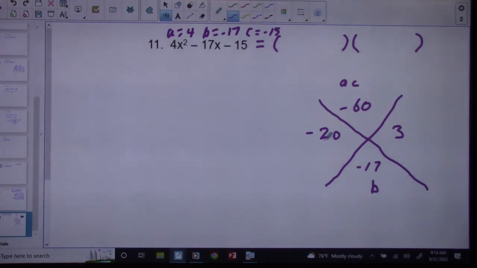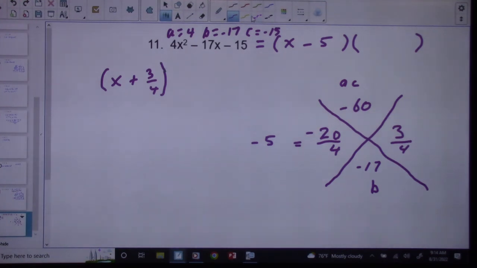And then what you do is you divide by A, and what is A? 4, and then you simplify. So you have negative 20 divided by 4, which is negative 5, and then you can't really simplify this over here. And so your answer here, you're going to have x minus 5 is going to be one of the factors. And then you take the other one, x plus 3/4, and this one right here is where you use the bottoms up.